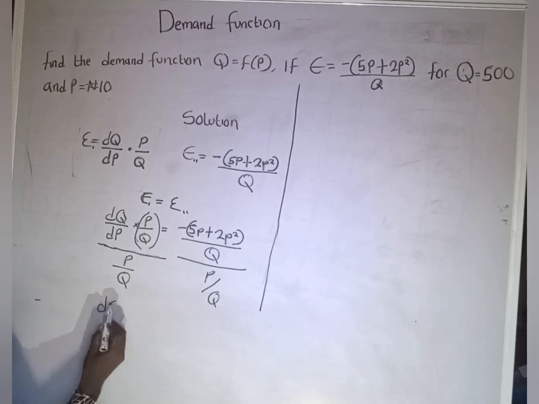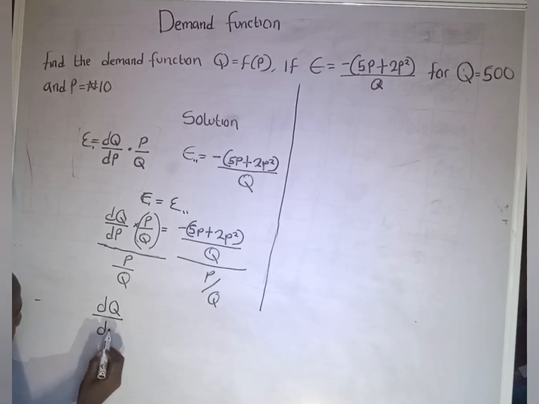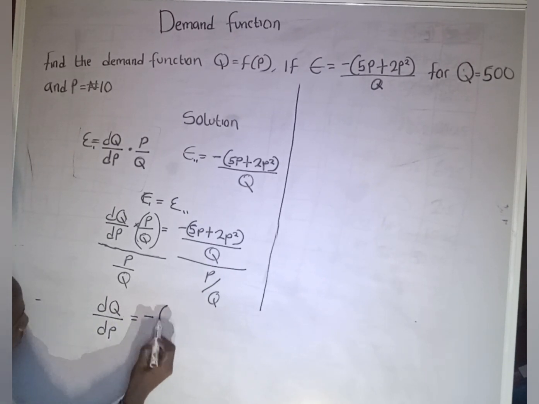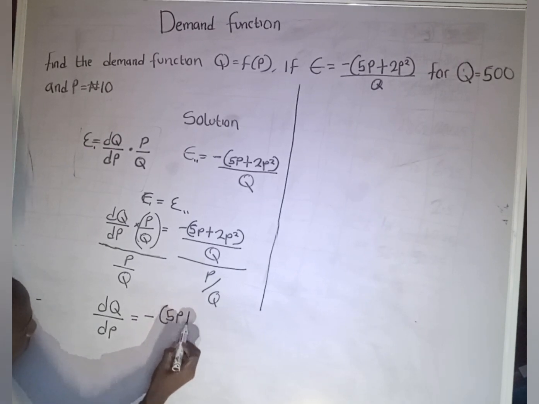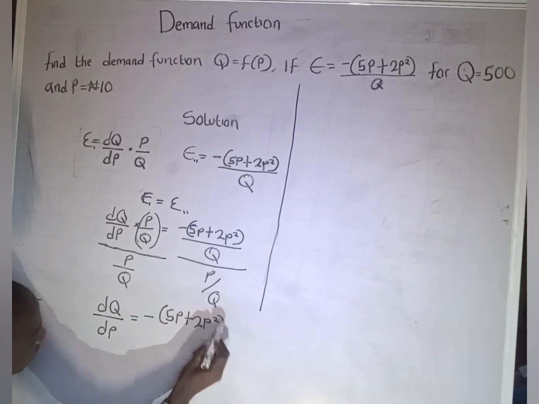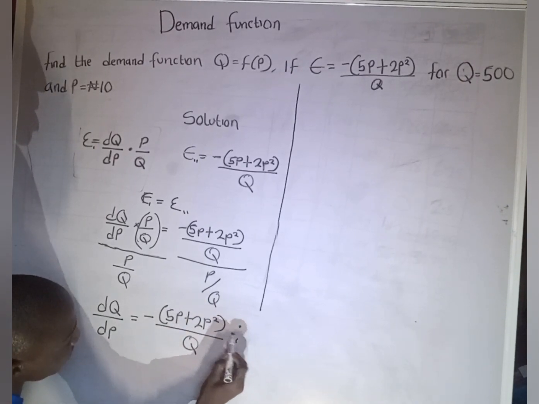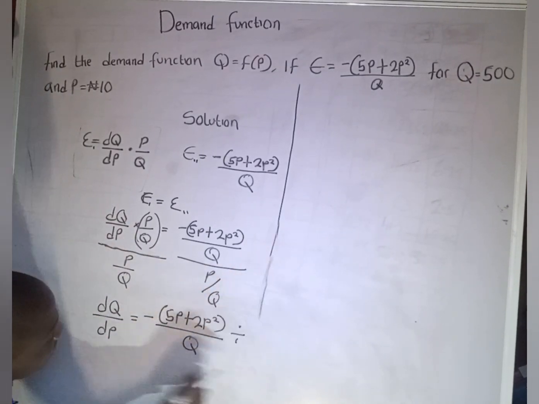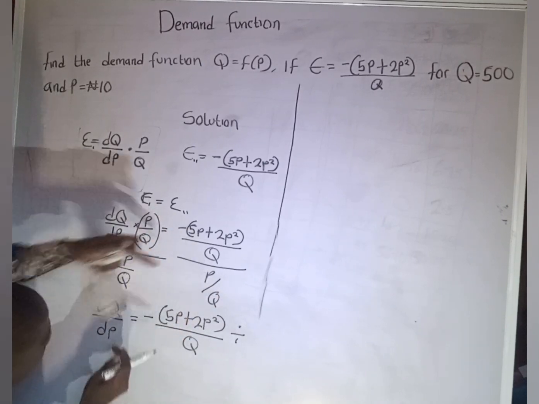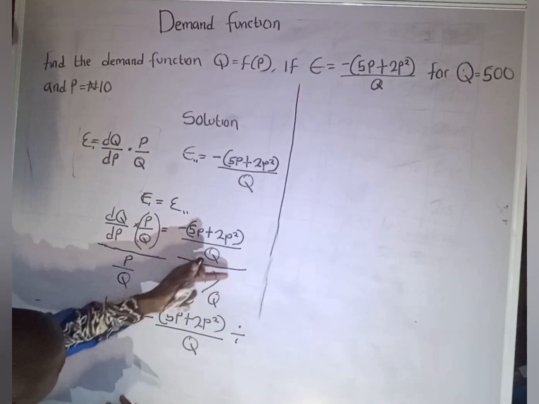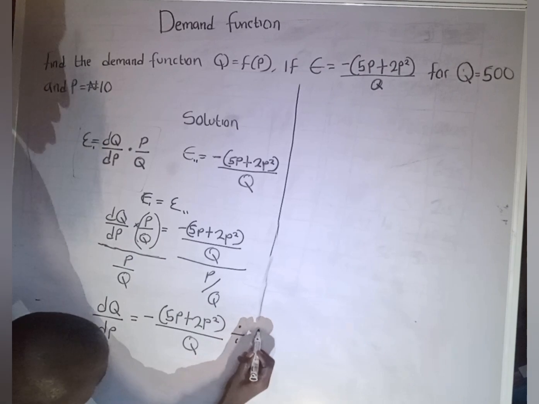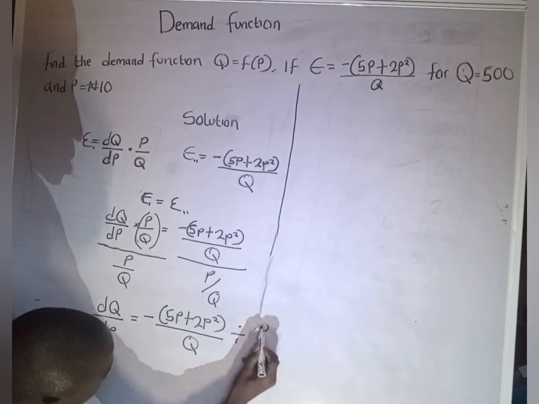So I'm going to be having dq over dp is equal to minus into bracket 5p plus 2p squared all over q, divided by p over q. This division sign is what I bring here, so divided by p over q also.